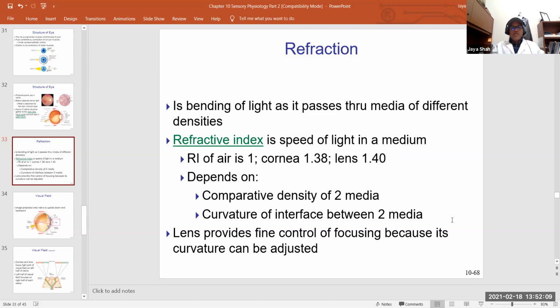So what is the curvature based on that? Lens provides fine control of adjusting focus because its curvature can be adjusted. Okay. So lens is the main organ inside your eye, which can change the curvature of the surface and focus the image on the retina by changing the bending capacity.